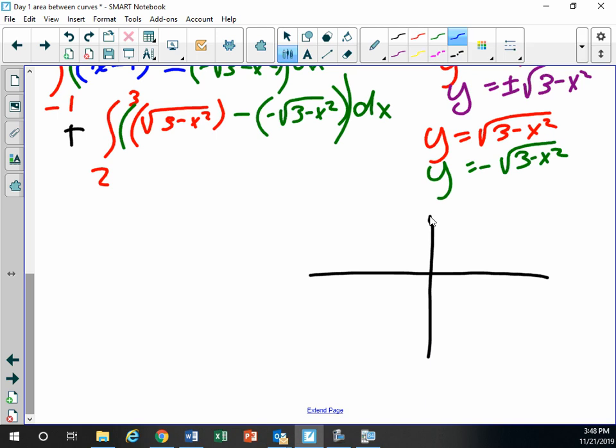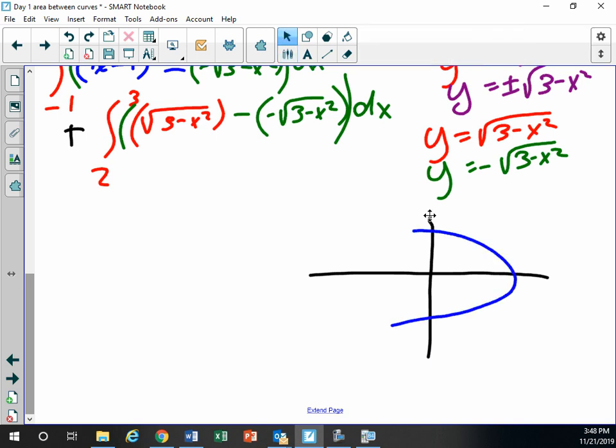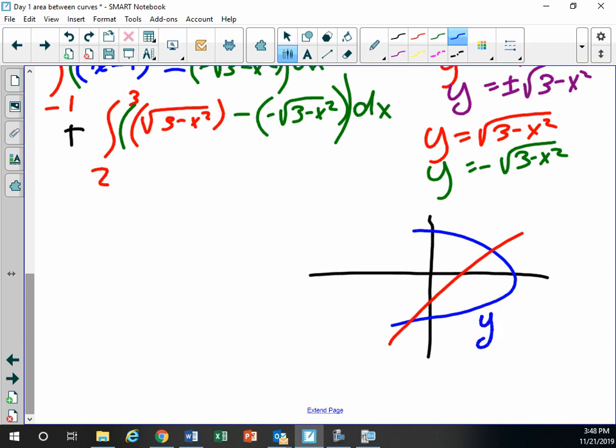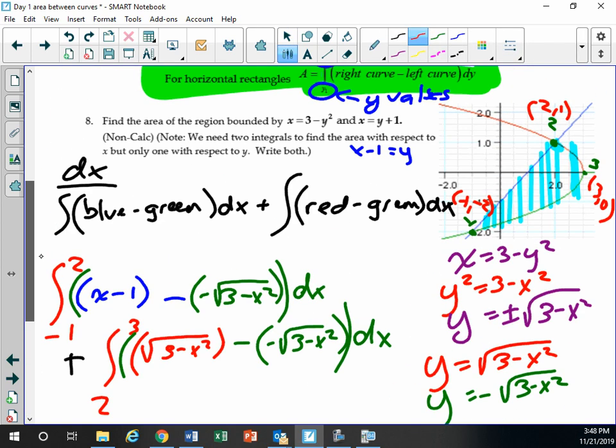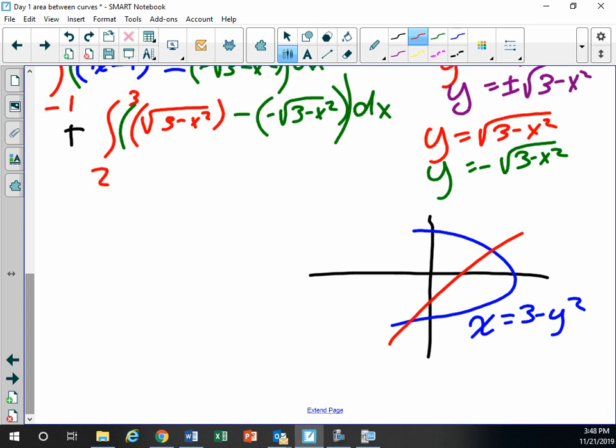I had a graph look like this, and then I had a graph look like this. This graph was x equals 3 minus y squared, and this one was x equals y plus 1.